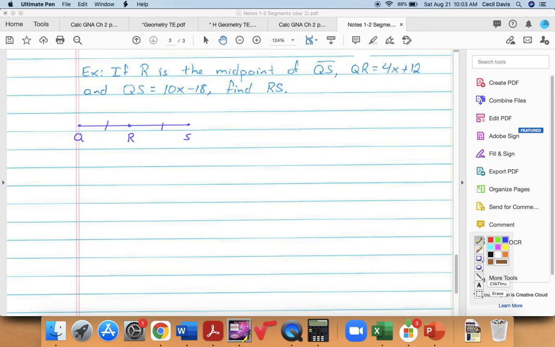So even though they don't look perfectly the same, it's pretty close. And the marking tells me to ignore the fact that this isn't perfectly in the middle, but to rely on the fact that I've marked that these two are the same length. So the length of QR is 4x plus 12, and the length of QS is 10x minus 18.